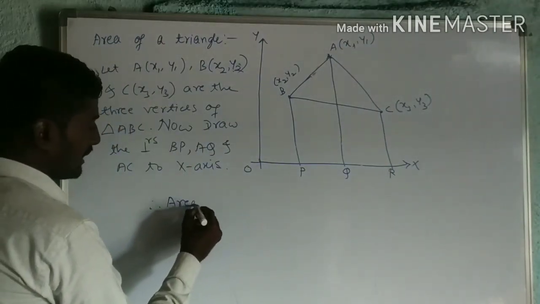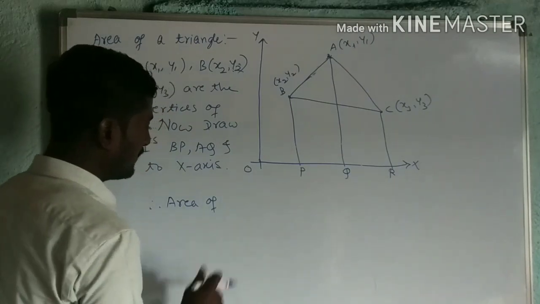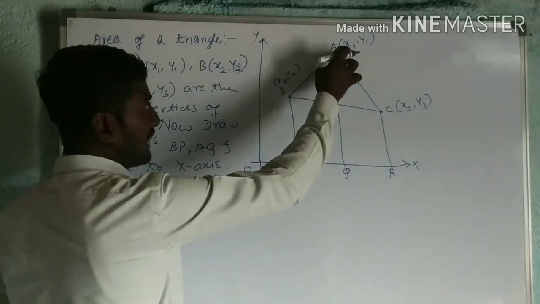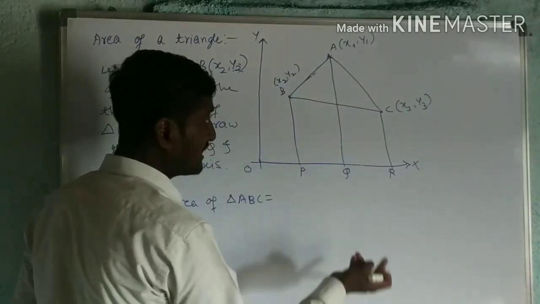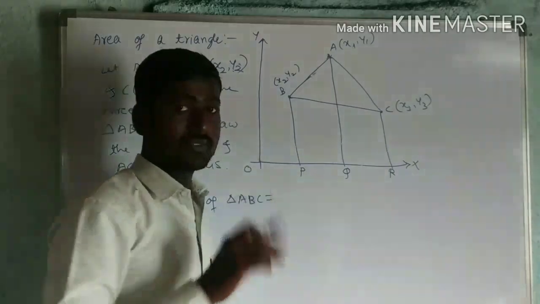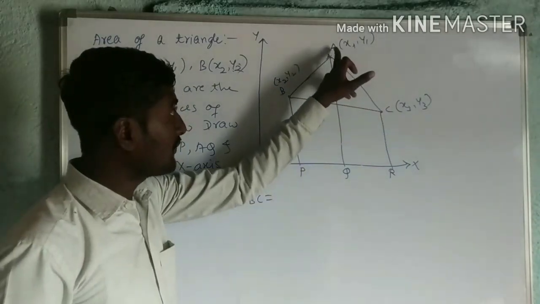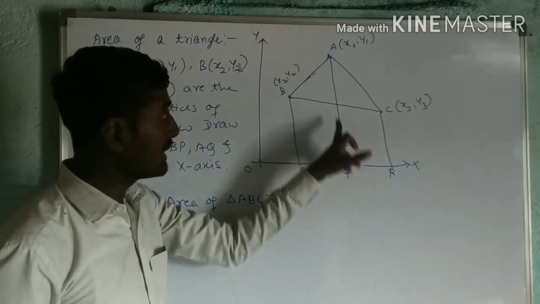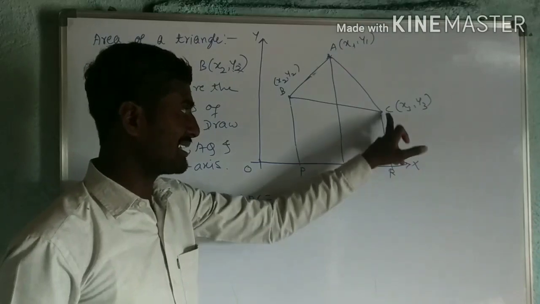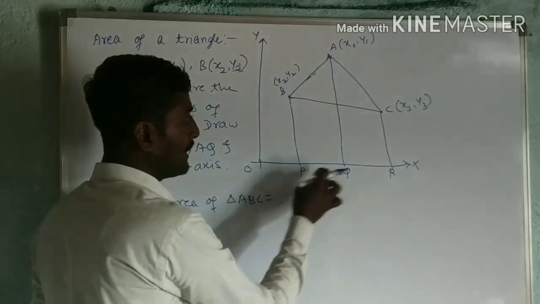Area of triangle ABC is equal to area of trapezium ABPQ plus area of trapezium AQRC minus area of trapezium BPRC.